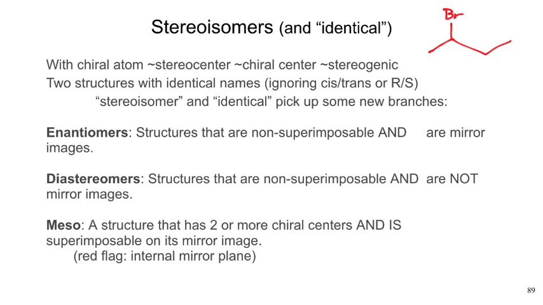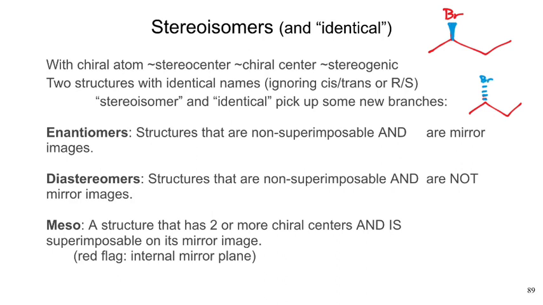That cannot exist. Okay? So what we're doing by drawing that is implying that we don't care about the secondary information. Officially, we should be more precise, and we should say that that bromine is wedged, or that bromine is dashed.